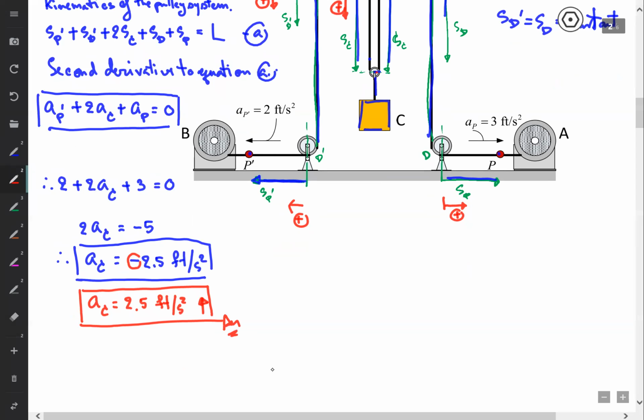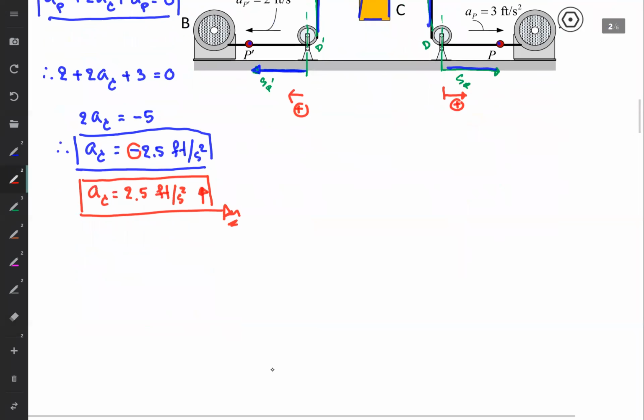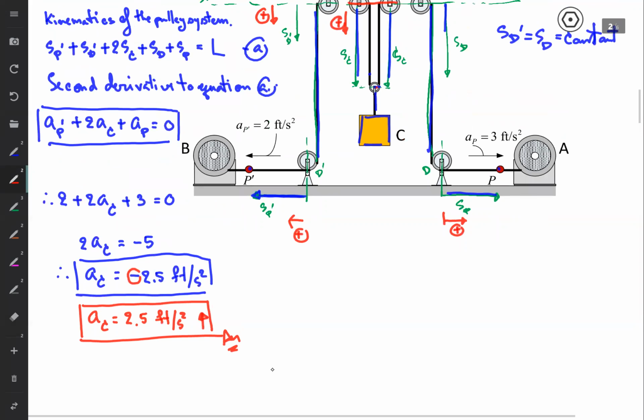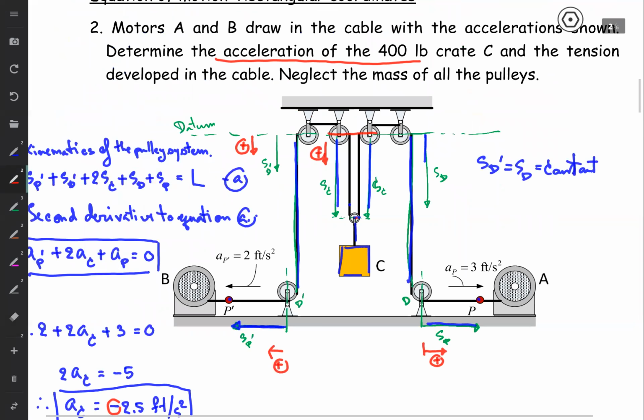Okay, so this is the first answer. After that we have to consider the free body diagram and kinetic diagram of the crate, because we would like to determine the tension in the cable.